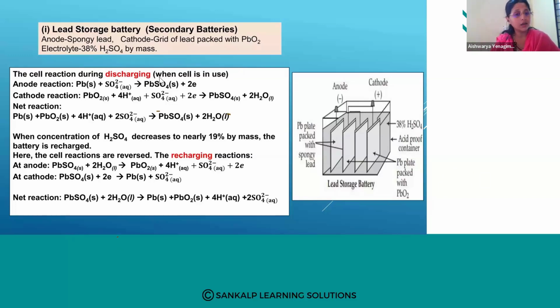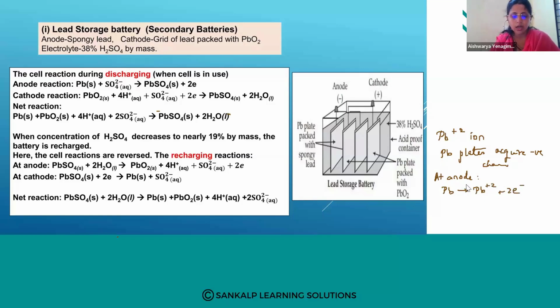Lead is getting oxidized to Pb +2 ion, and the Pb plates acquire negative charge. So the anode reaction can be shown as Pb. At anode, what happens? Pb oxidation, it is losing electrons and forming Pb +2.